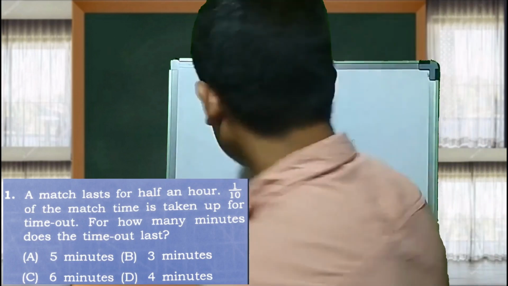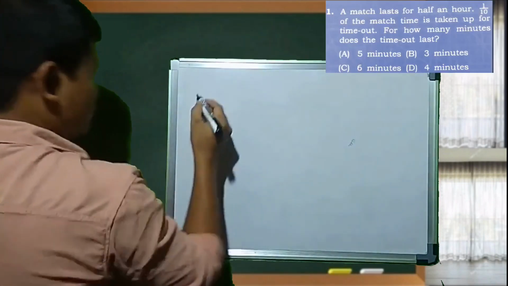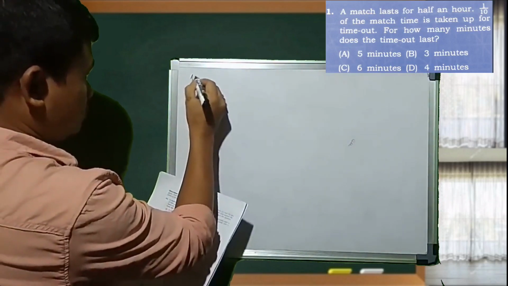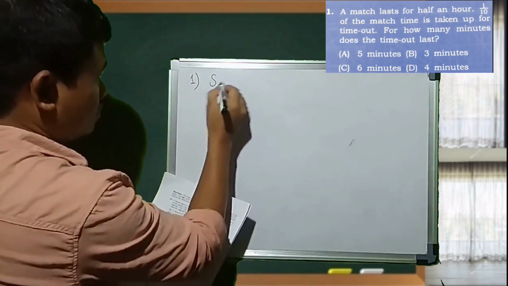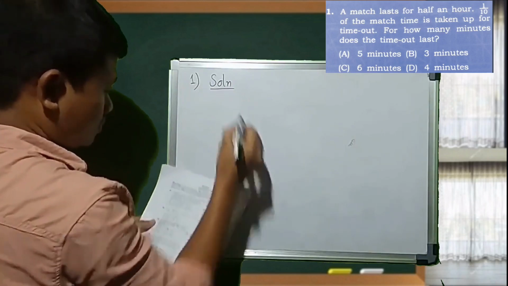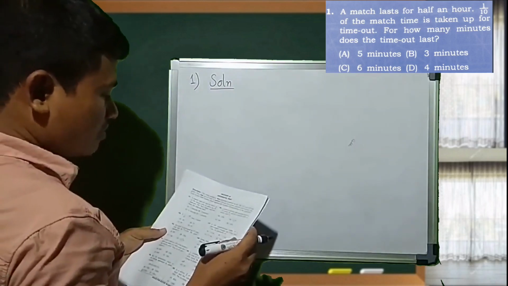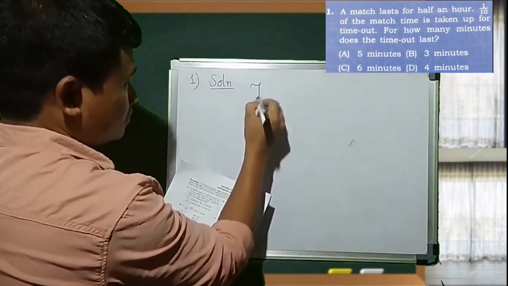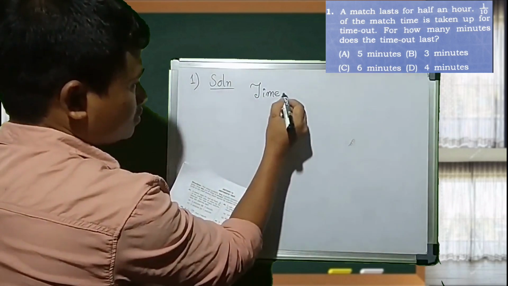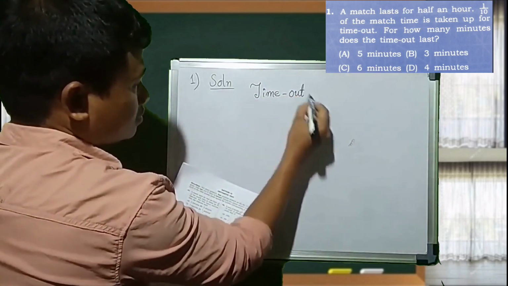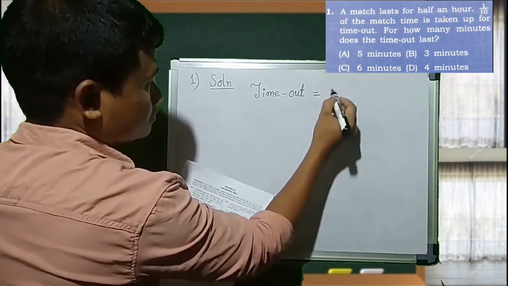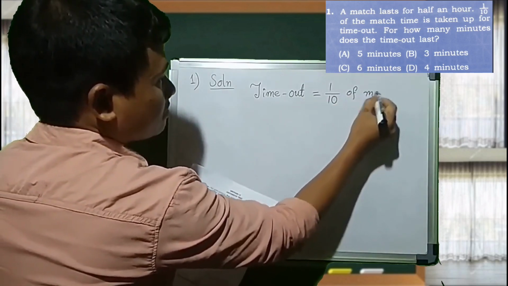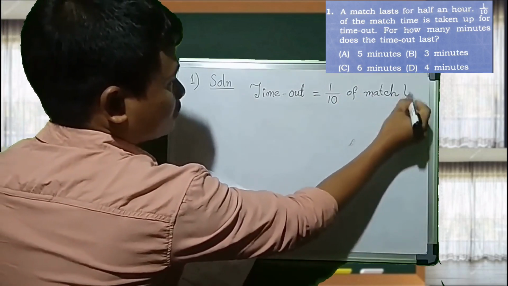So let us do it. What is the time for timeout? Timeout is equal to 1/10 of match time.